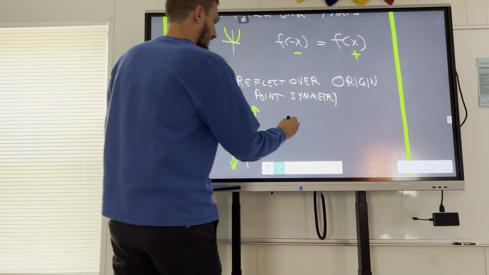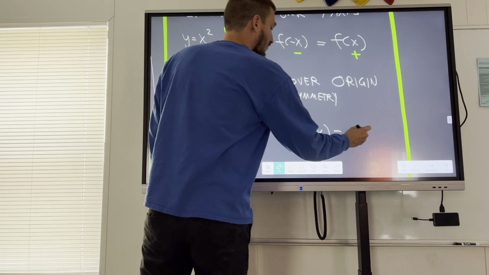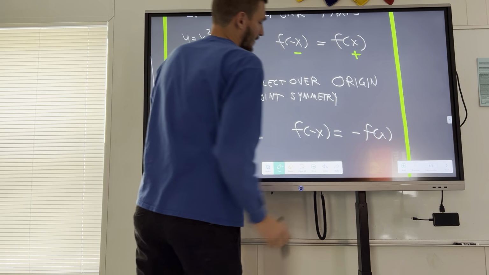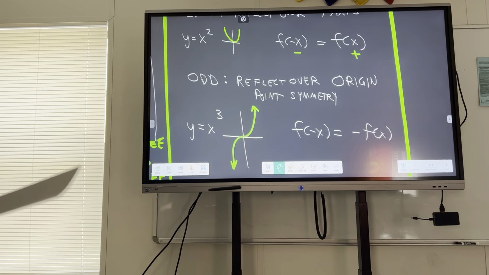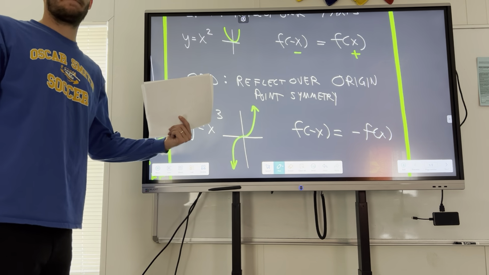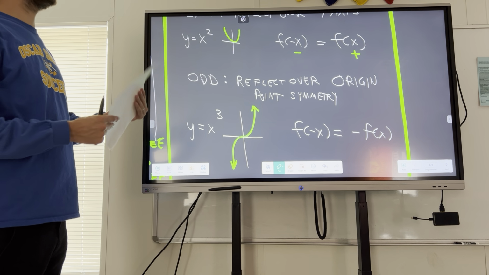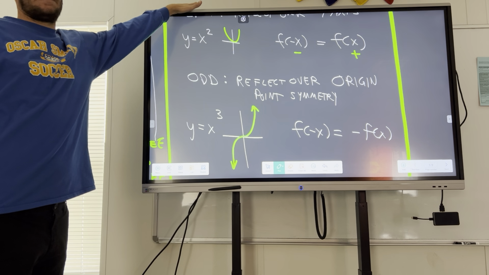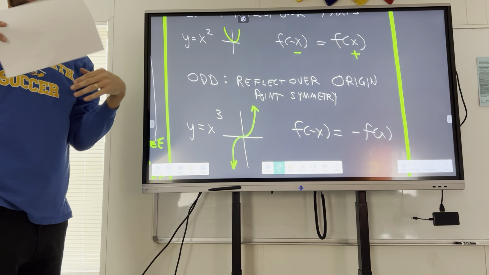The way this works is that f of negative x should be equal to negative f of x. We've done these two things before. Awesome. The way that you want to think about it is even functions should be able to absorb negatives. That's how I like to think about it, right?